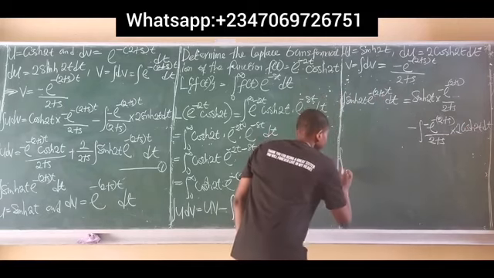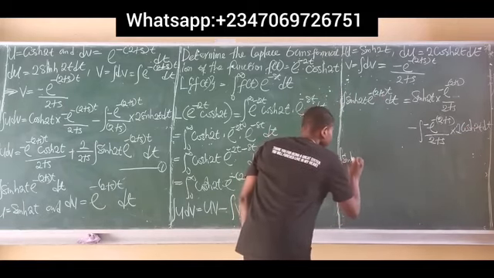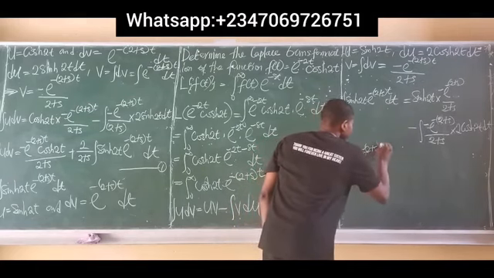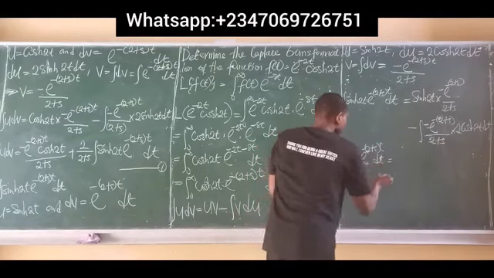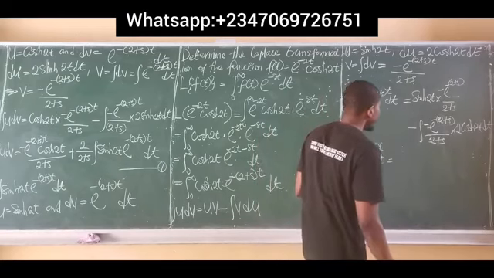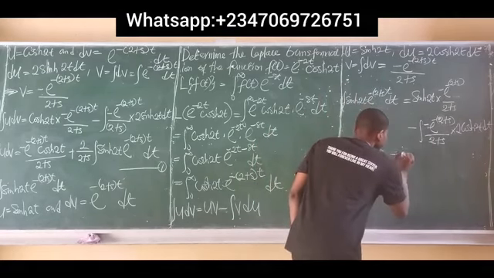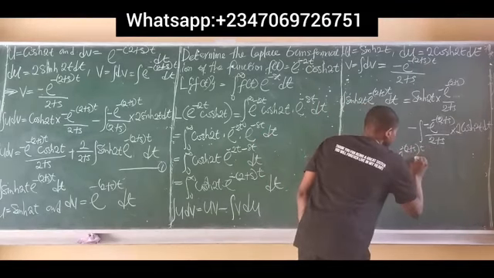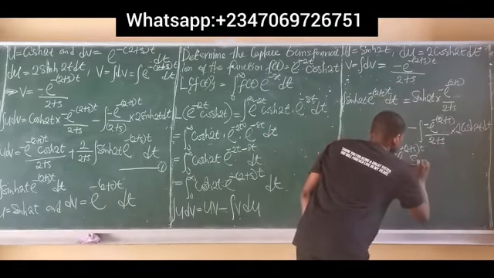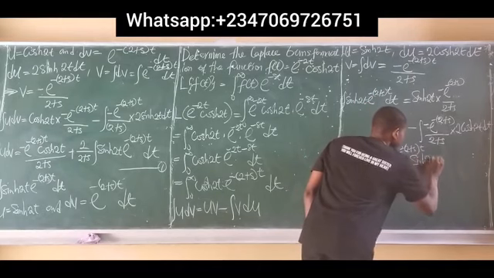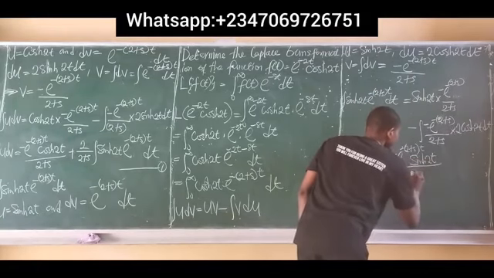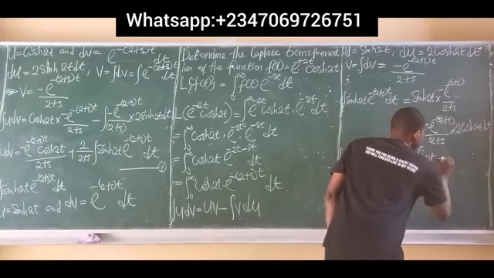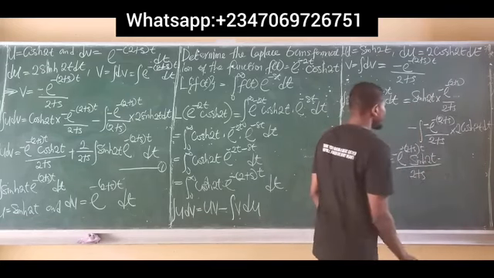So the integral of sine 2t e to the power of minus (2 plus s)t dt is now equal to, let's rearrange the equation now, minus e to the power of minus (2 plus s)t sine 2t all over 2 plus s, minus, now observe here, please.